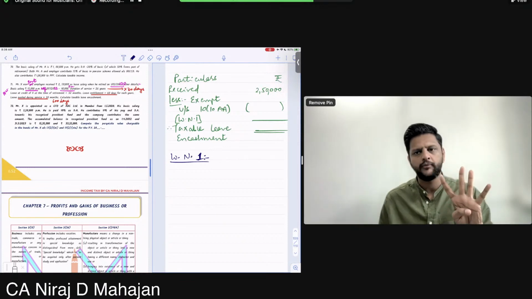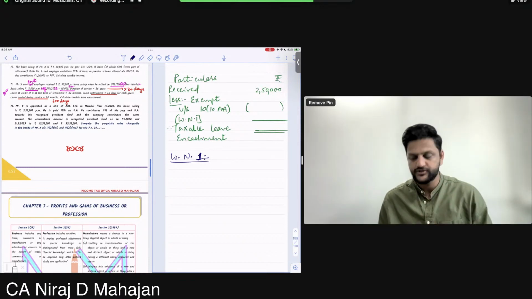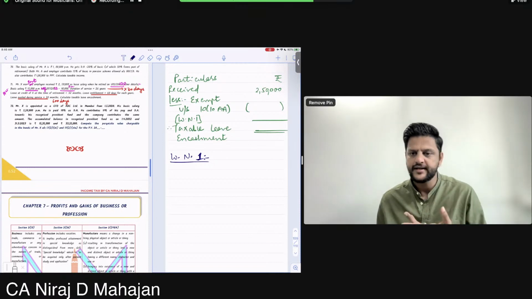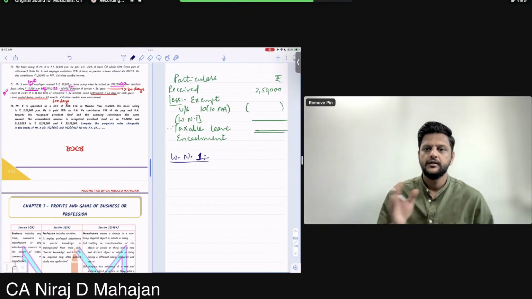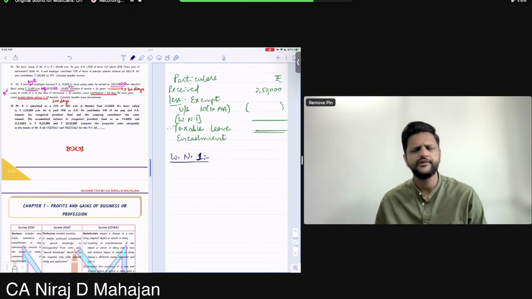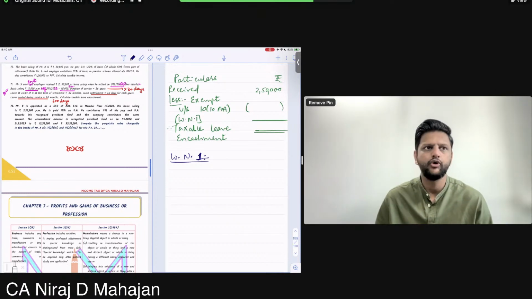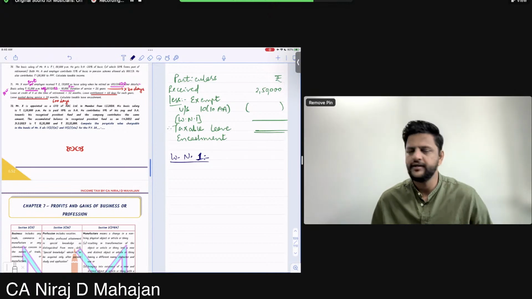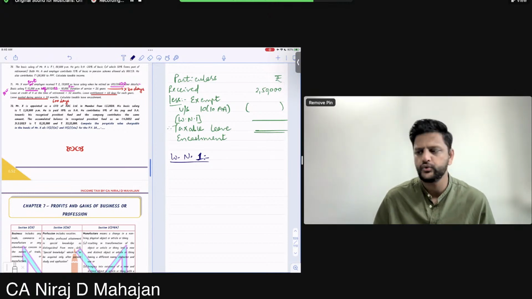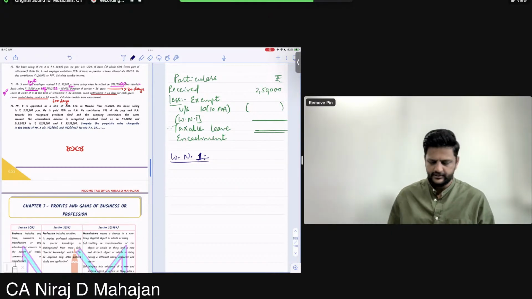So again, we know, bacho, 4 amounts are exempt. Statutory limit is how much? 3 lakhs now. Yes, everybody. Second is actually received. Then third is last 10 months salary. Salary for that purpose is what? Basic plus DA. And fourth one is what? The credit balance remaining of the leaves divided by 30. You will get into your number of months, and that multiplied with average salary of last 10 months. Yes, Celia? Fine. So let's start.